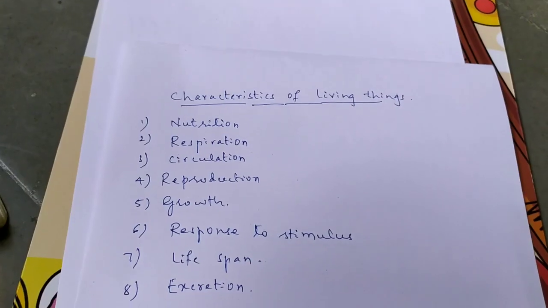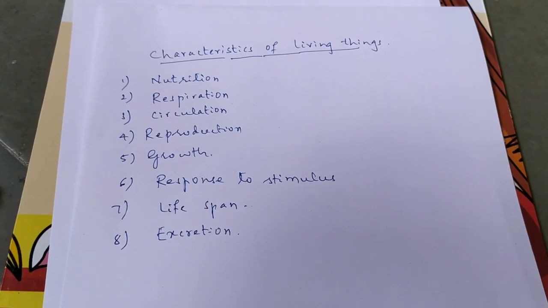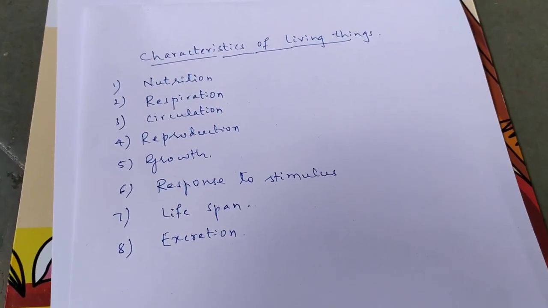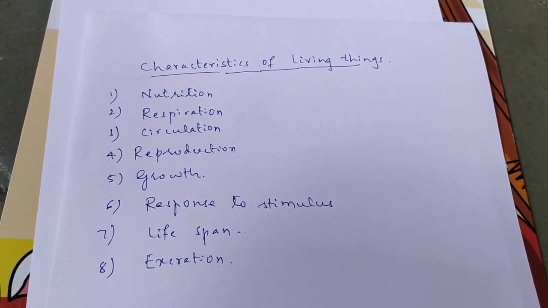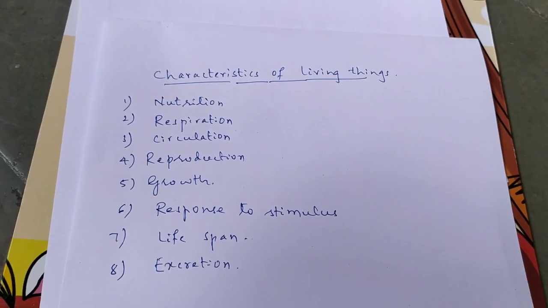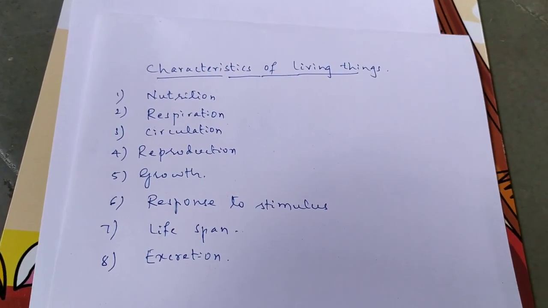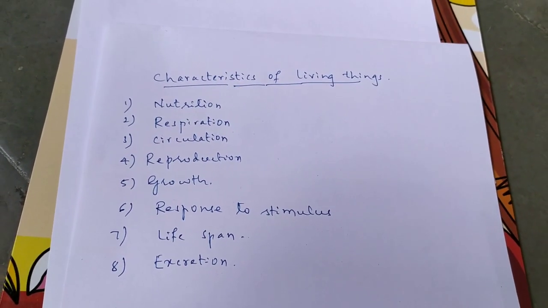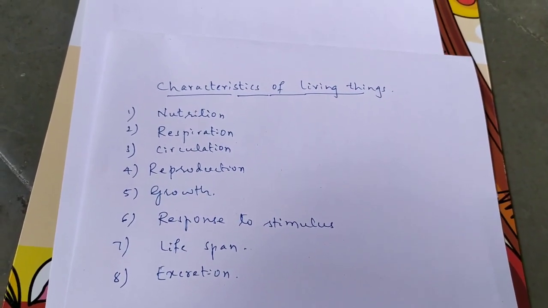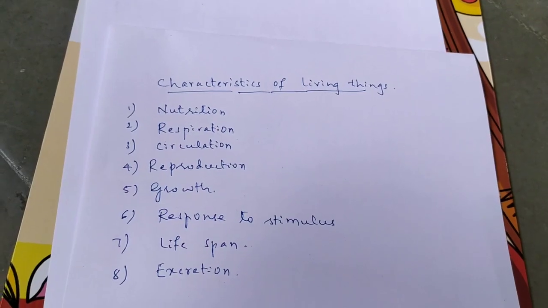All the living characteristics are not called life processes. Why are they not called life processes? Then what are life processes? The life processes are those processes which are helpful for the living organisms to exist or to be alive or to maintain their functioning.